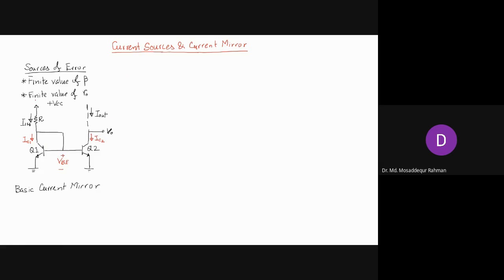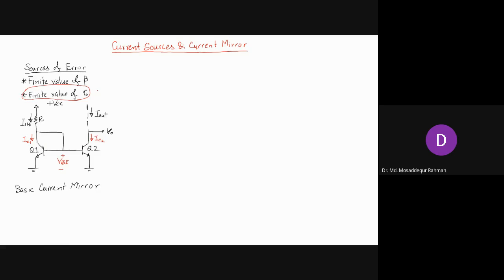So today we'll see the effect of the finite value of R naught, how this output resistance R naught affects the gain and the error of the current mirror.